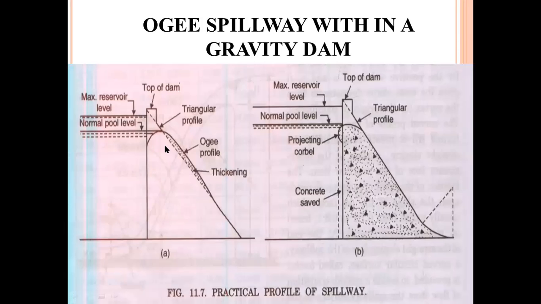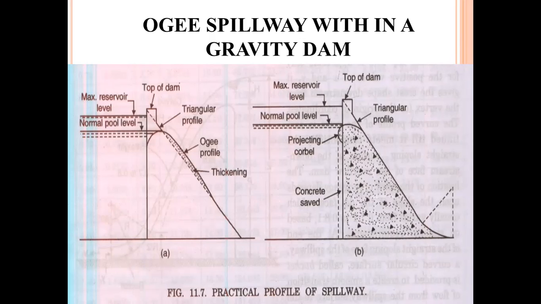Next, you can take this figure, the practical profile. Similarly, in the gravity dam, first we give the elementary profile, then it is converted into the practical profile. Here also, first we take the elementary profile, then it is converted into the practical profile in spillway design, because it is attached to the dam.